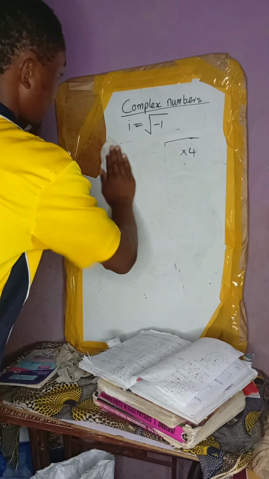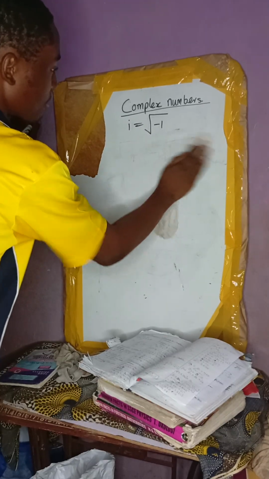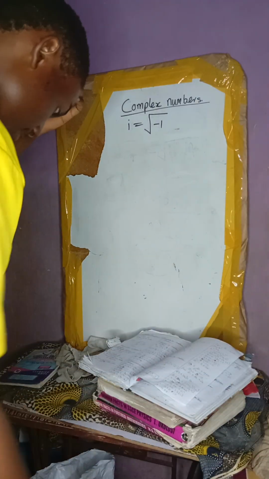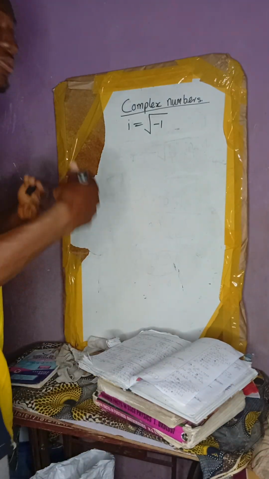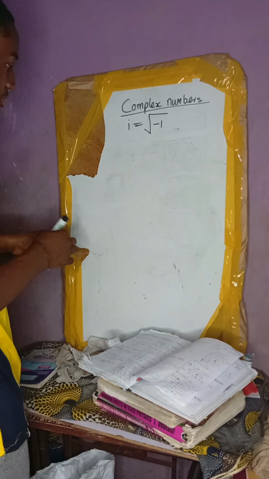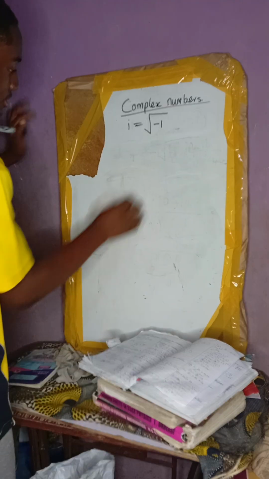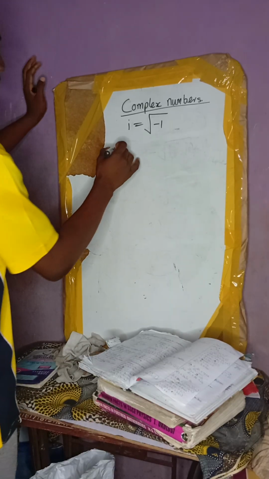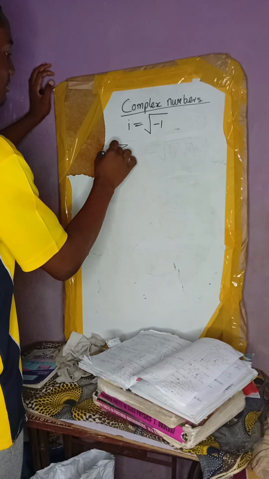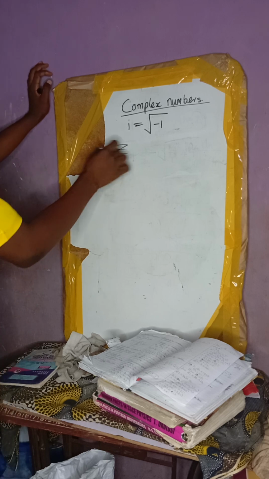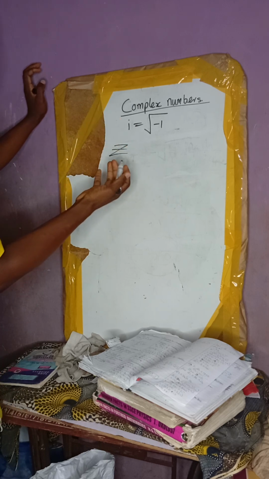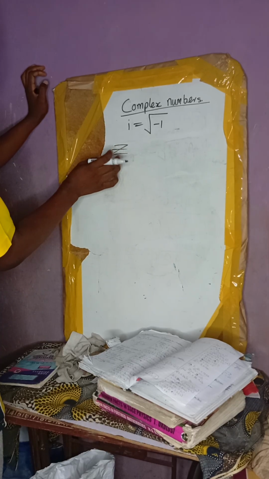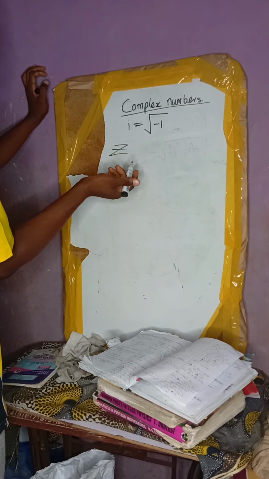Let's now recap what we did on addition, subtraction, multiplication, and division. Before we start learning addition, remember what I told you: a complex number is always denoted with the symbol Z. Sometimes they might just use Z, they can use anything to represent it, but it's most common in all textbooks that they use Z to represent a complex number.